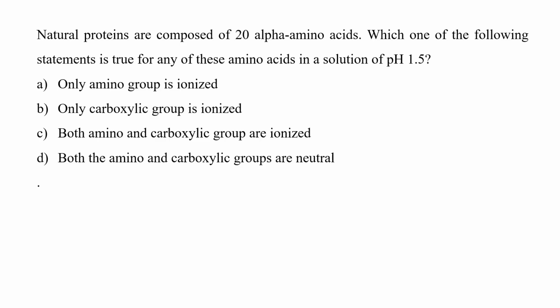Natural proteins are composed of 20 alpha amino acids. Which one of the following statements is true for any of these amino acids in a solution of pH 1.5? Only amino group is ionized, only carboxylic group is ionized, both amino and carboxylic groups are ionized, or both the amino and carboxylic groups are neutral.